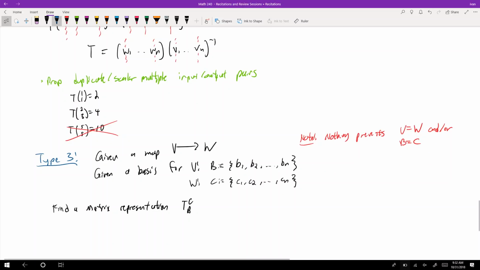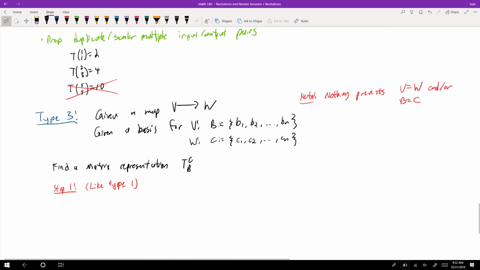Okay. So this is the problem. Step 1. It's like type 1. All right, so step 1 is to find TBE, which is the following.